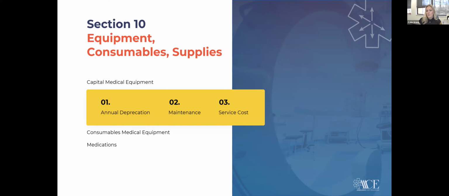And then consumable medical equipment, that's going to get more into like your bandages, other non-capital medical equipment expenses. And the same theme here, depreciation or total costs assumed, and then any maintenance or service. And then medications, if you are responsible for paying for medications, would be reported in section 10 as well.